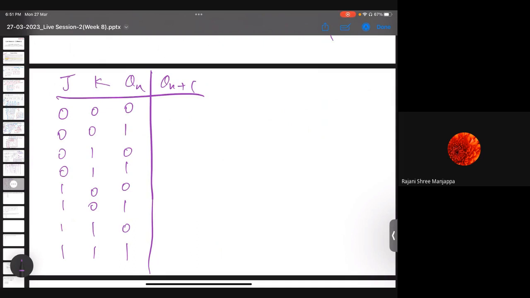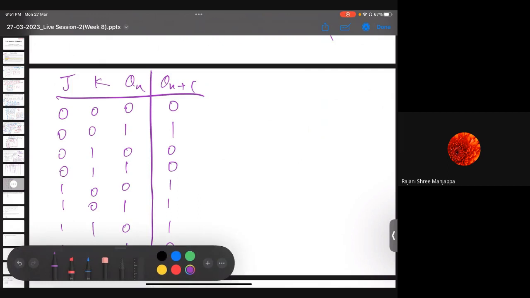Okay, so I'll write whatever you're saying. 0, 1. 1, 0. 0, 0. 0, 1. 1, 1. 1, 0. Recheck this. Sorry, 1. Yeah, toggle. 1, 0. Yeah.